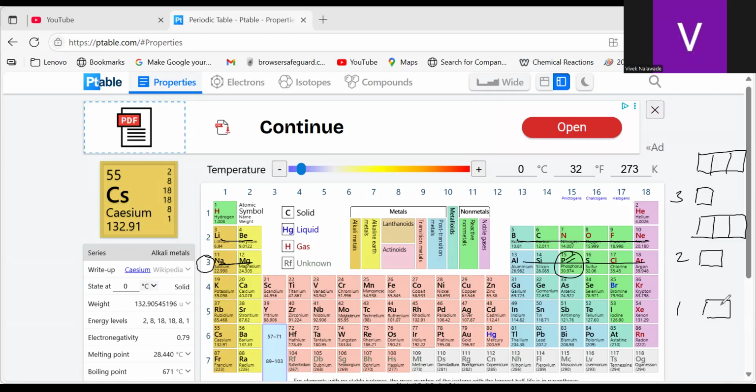Now let us talk about filling of the electrons. How many do we have? 15. So when we start, what does the rule say? Fill the lower energy orbital first, complete it, then go to the next one. So first we fill the 1s, then we fill the 2s, then fill the 2p.